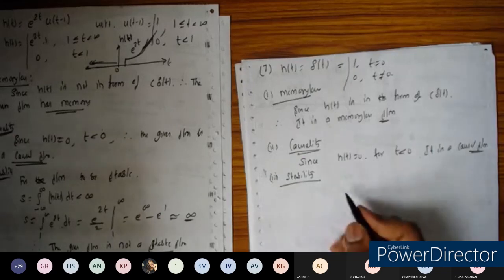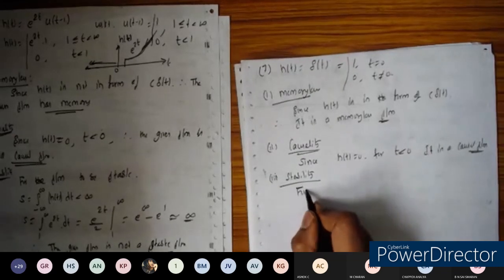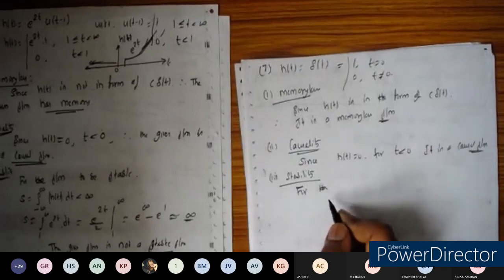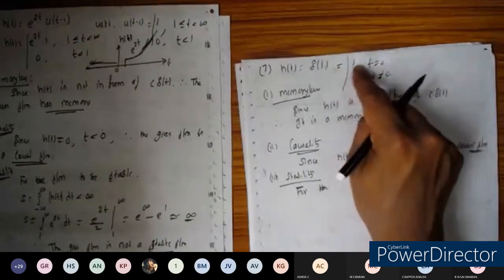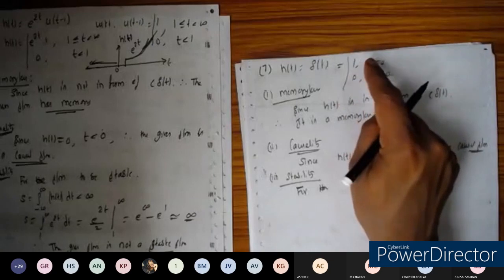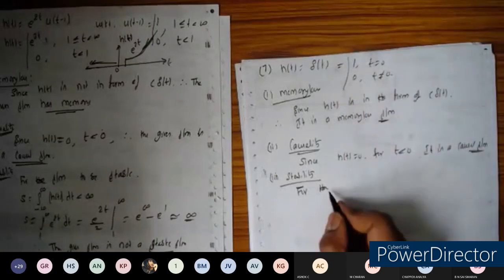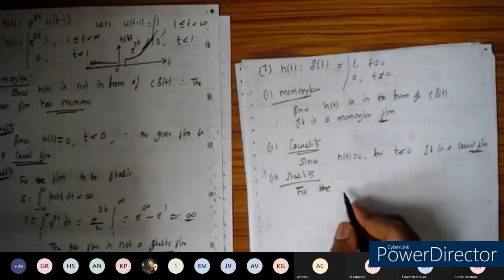Stable or unstable? Unstable, sir. If you integrate this one, this value is equal to 1 only. So it's a stable system here. You can verify that one.